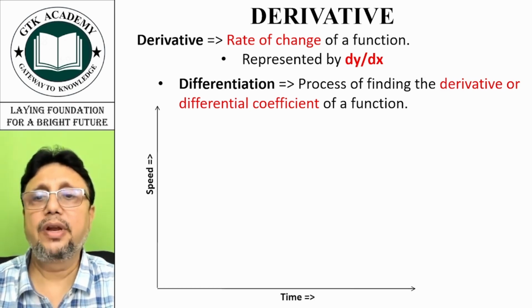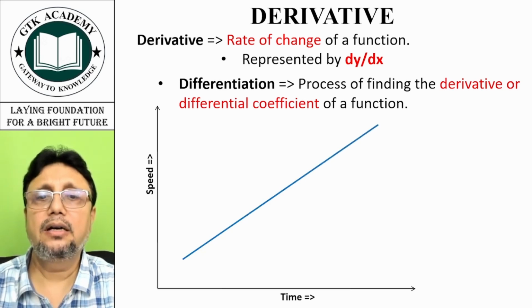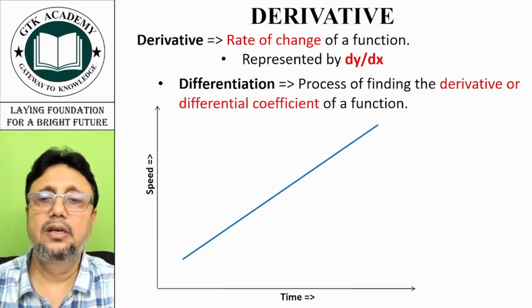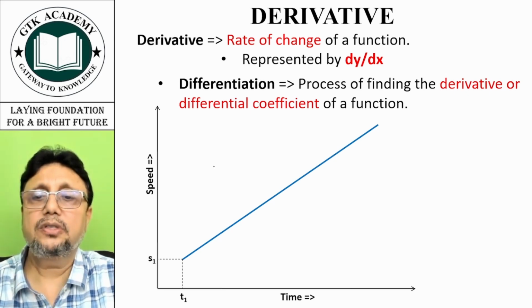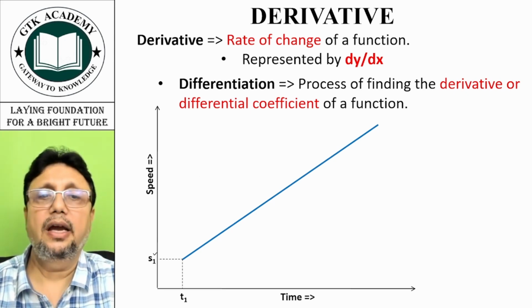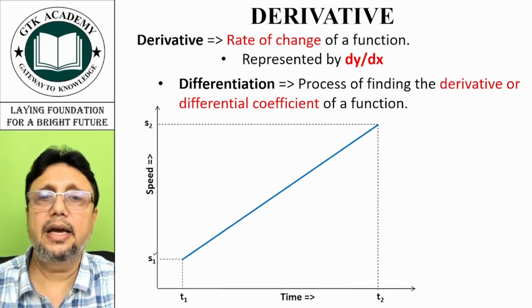Now let me give you one example. Suppose you plot speed versus time for a moving body and you get a graph like this. That means at t1 time its speed was s1 and at t2 time the speed became s2.